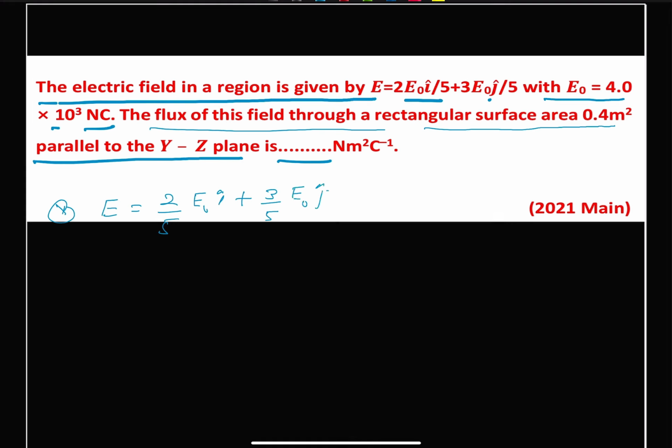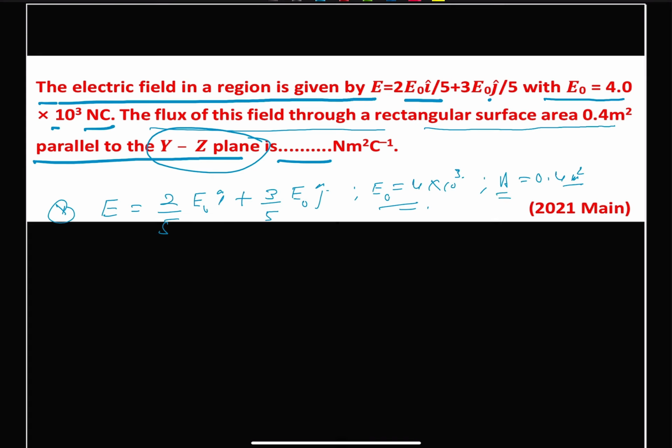The value of E naught is given as 4 into 10 to the power 3. The surface area A is also given, 0.4 meter square, and it is parallel to the YZ plane. In order to find the flux, we should know the unit vector associated with the area vector.